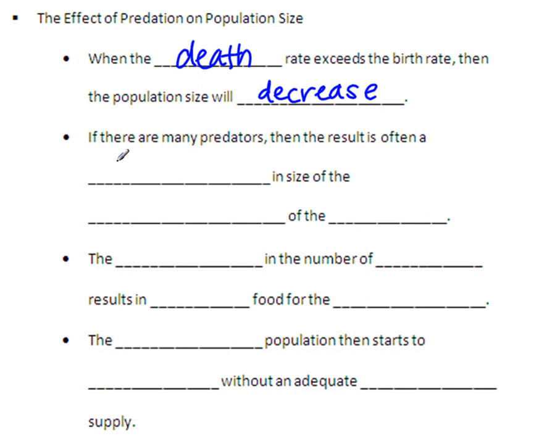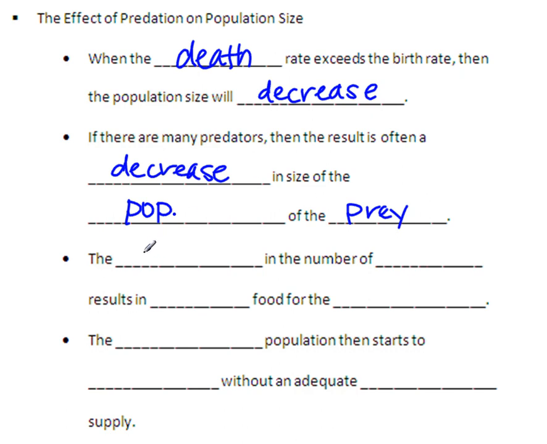If there are many predators, then the result is often a decrease in the size of the population of the prey. There are too many predators, and it just eats and eats and eats like it's going to the buffet, and before you know it, you don't have as many prey as you had.